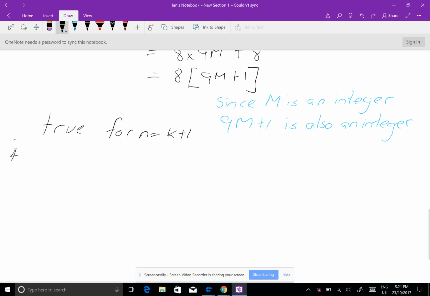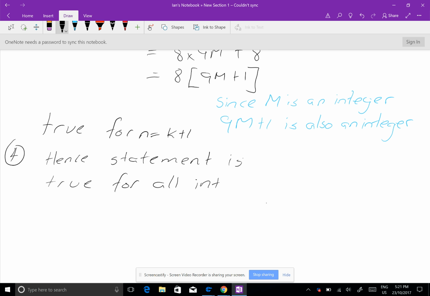Step number 4, hence statement is true for all integers. No, it's a bit untidy. N greater than or equal to 1 by induction.